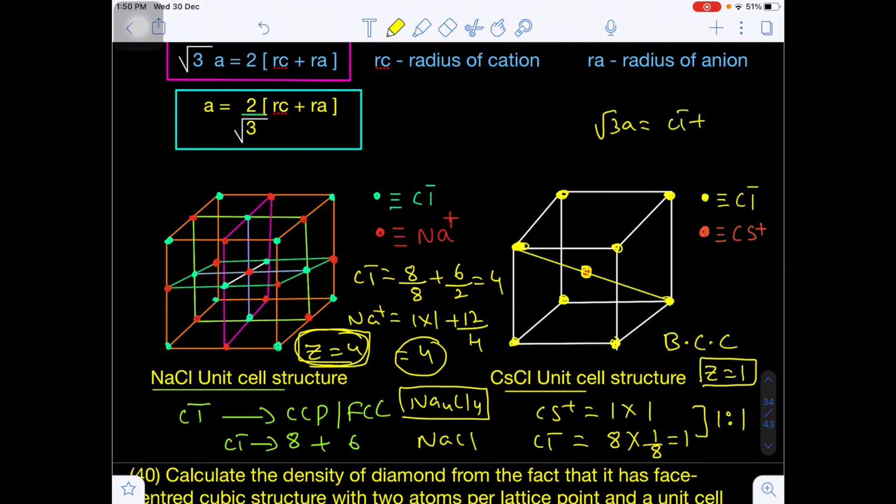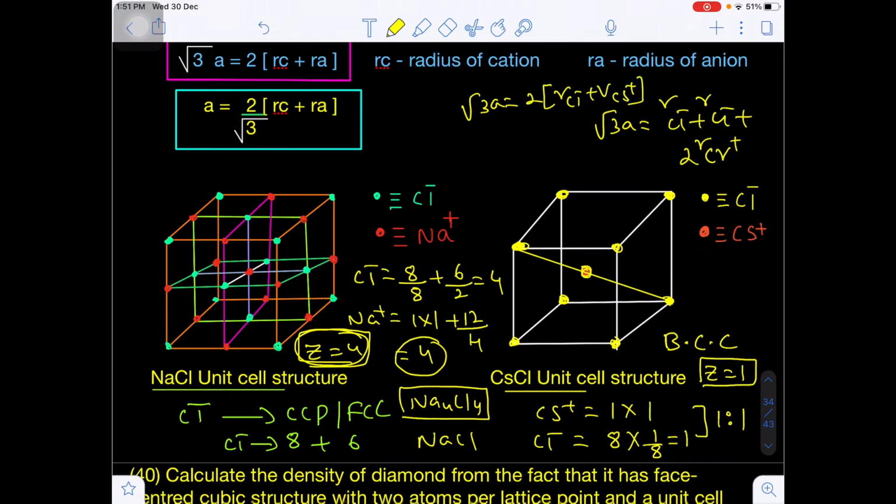So the chloride ions will be at corner atoms, plus the body centered cesium. Here the cesium is completely considered, so diameter, 2 times the radius of the cesium. Okay.